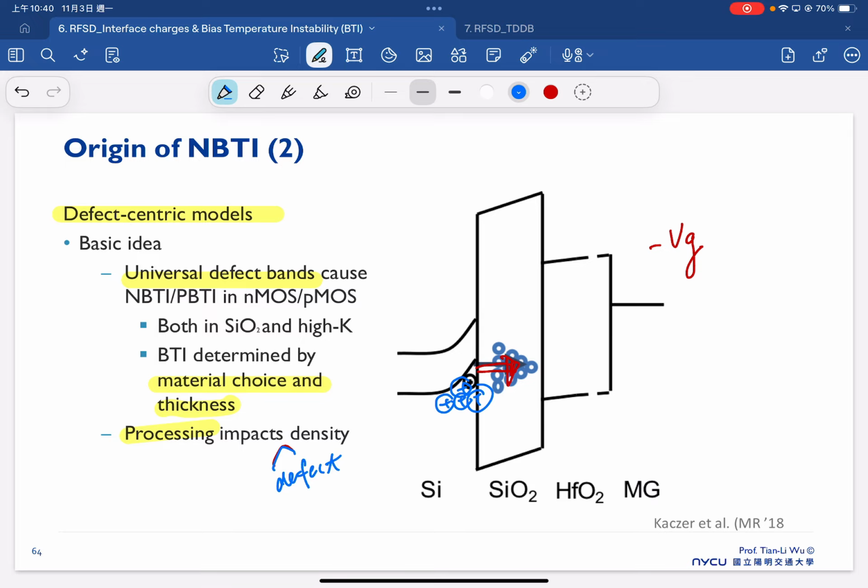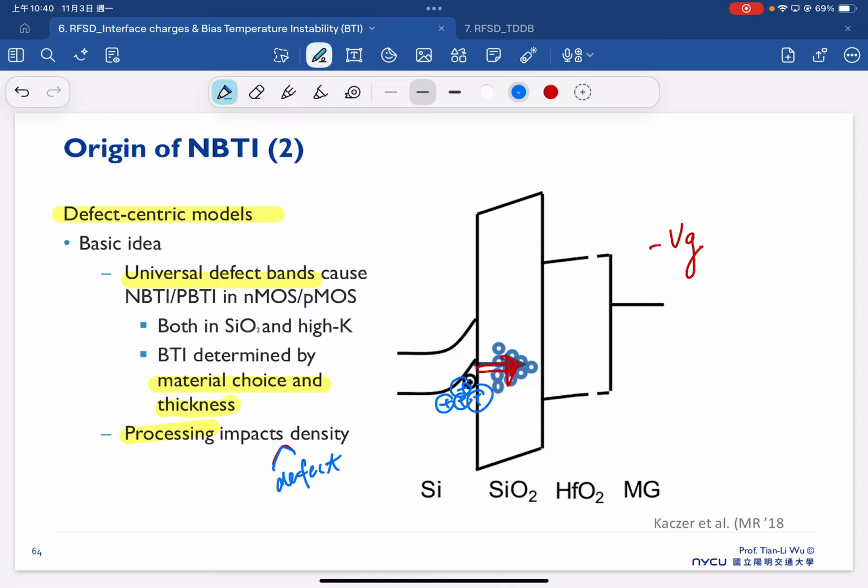Because in the end, it's all related to how good or bad the dielectric is. Once the dielectric has a certain defect, it can cause a PBTI, it can cause an NBTI as well. So later, this model has become quite popular because in the end, we can simply use this model to fully explain the PBTI and NBTI as well.